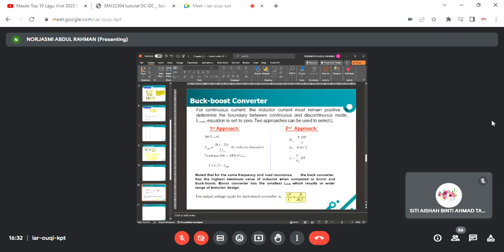Then after that, you can use two approaches. The first is 25% of the inductance value, so L equals 1.25 times L min. Or you can use 40% of the average inductor current. In this case, we will have delta IL equal to 0.4 times IL.